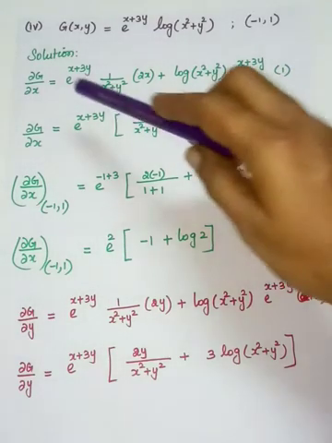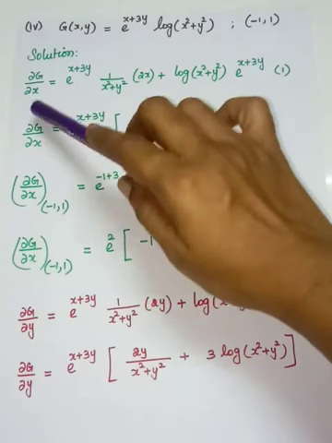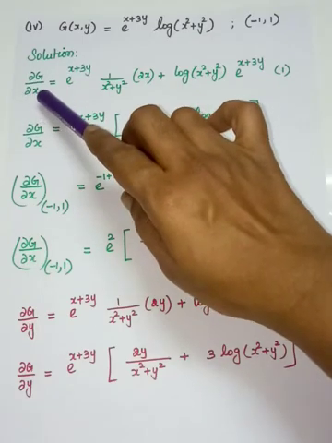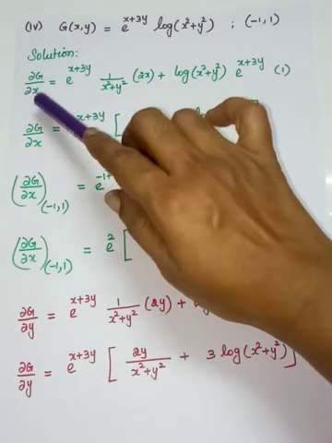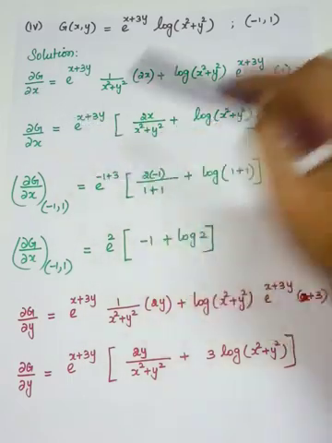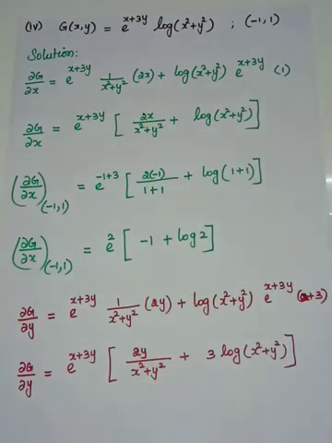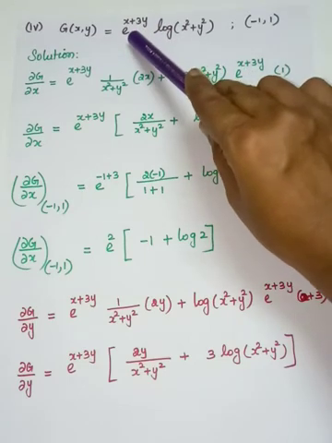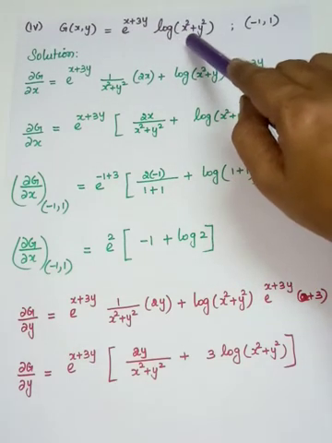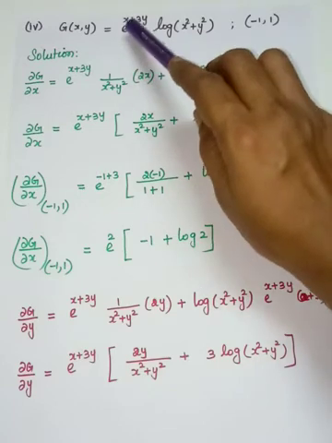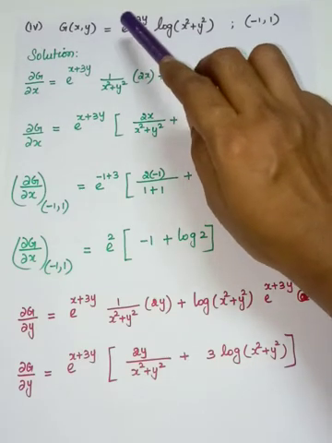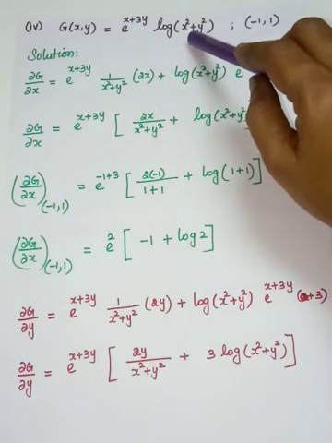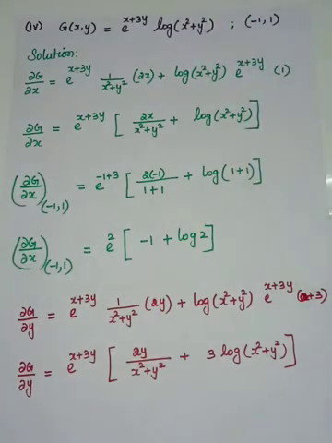So first I'll go for dou g by dou x. So we are going to differentiate g partially with respect to x, but treat y as a constant. You see that here you are having an exponential function, here you are having a logarithmic function. In the exponential function you are having x, as well as in the logarithmic function you are having x. So x is involved in both the functions.